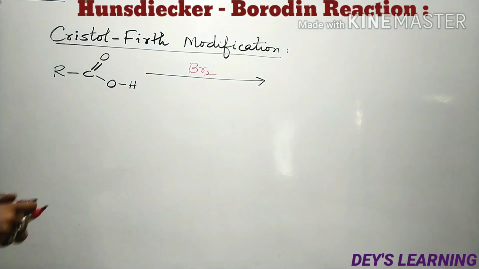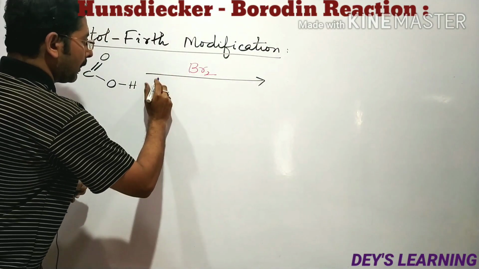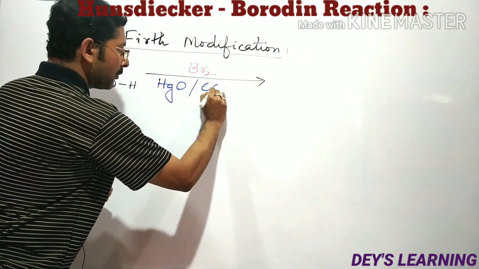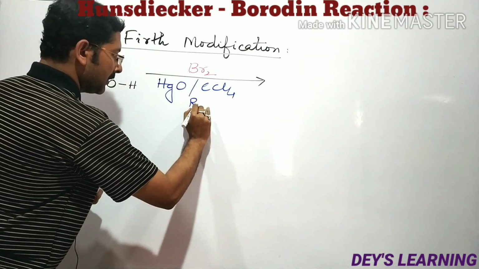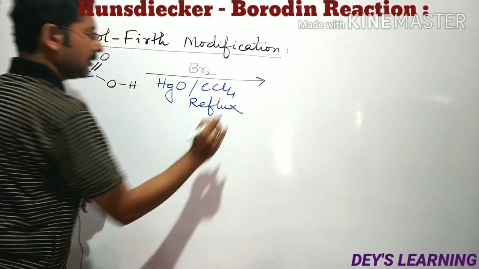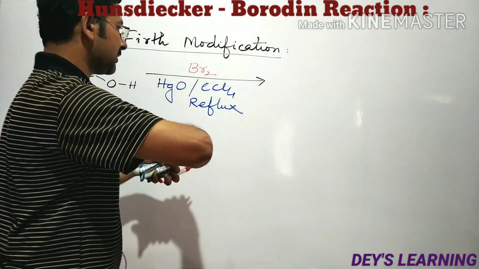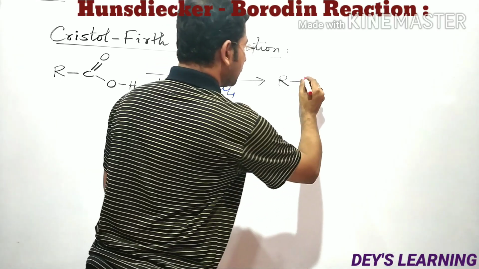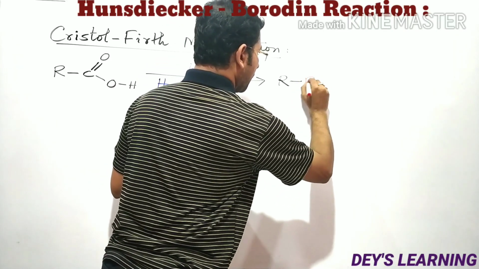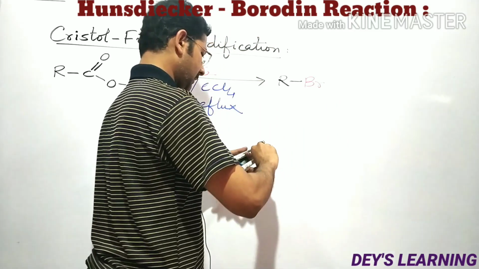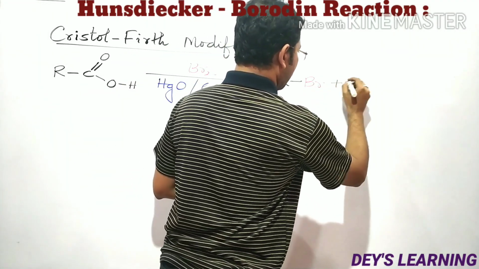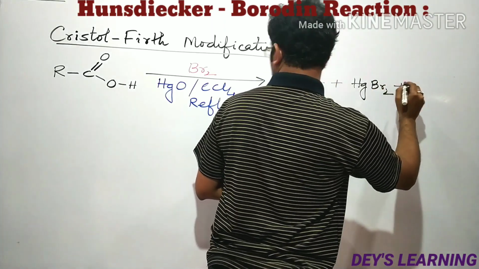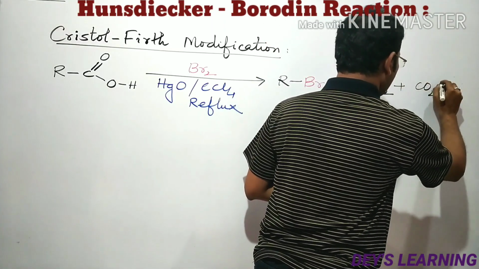in presence of mercuric oxide, HgO, in CCl4 medium, we will get the same product as RBr, plus HgBr2, mercury bromide, and carbon dioxide evolution will occur.